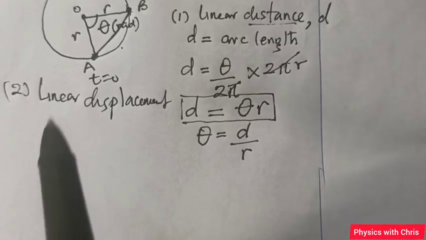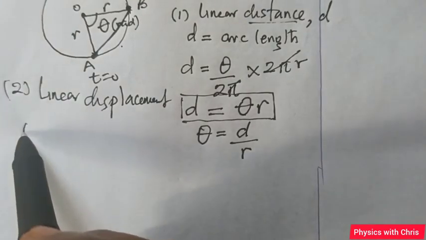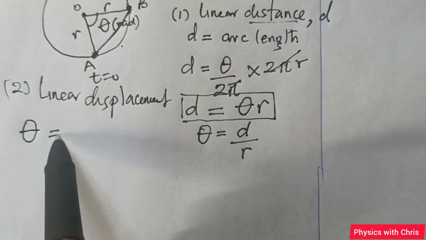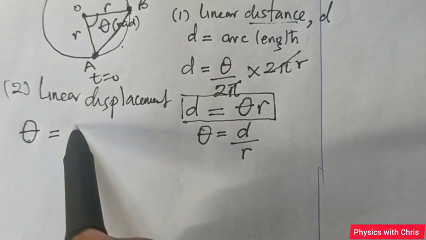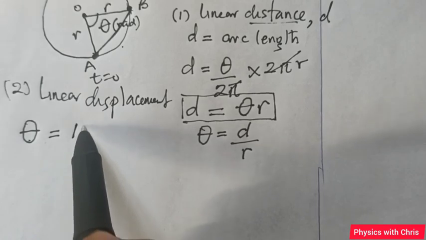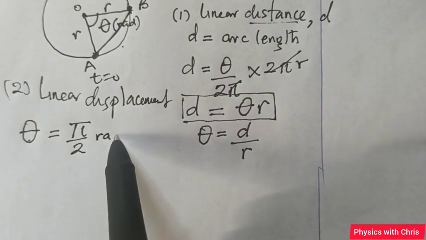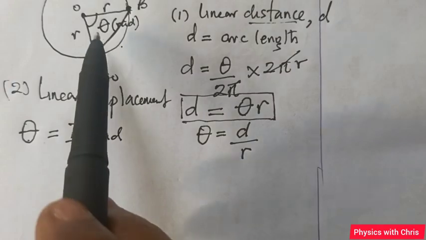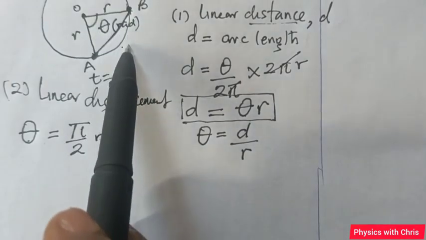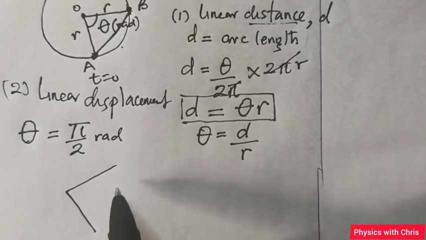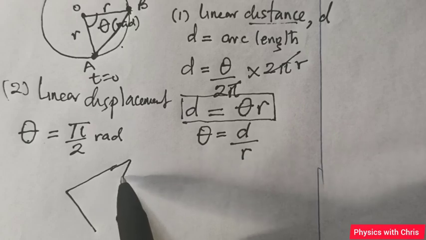So which means if, for instance, the angle subtended by the arc AB, or the angular displacement, is 90 degrees. 90 degrees is the same thing as pi over 2 radian. It means that the angle subtended at the center here is a right angle. I can fetch out that diagram from that figure.